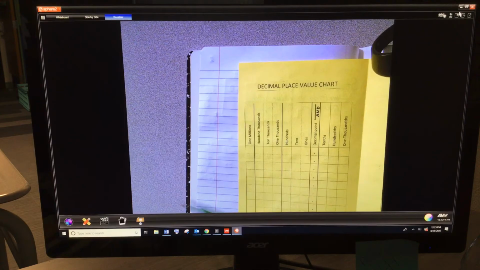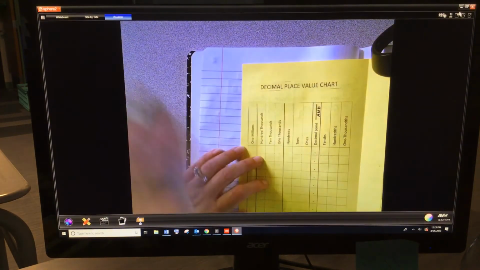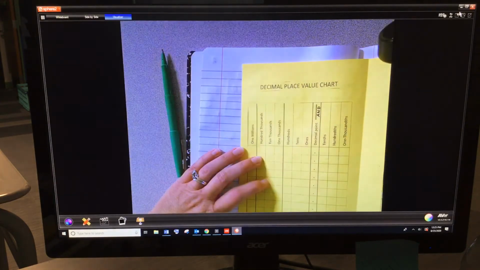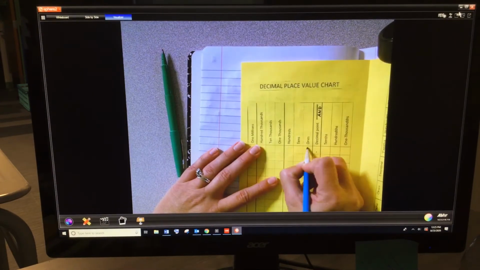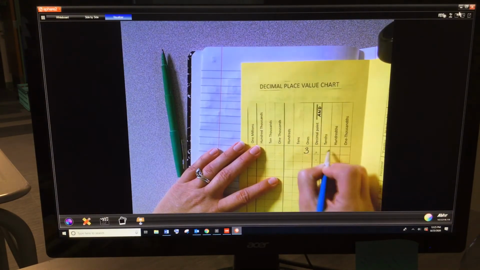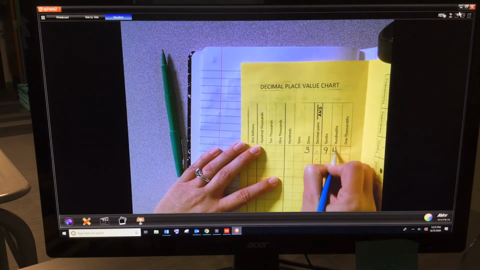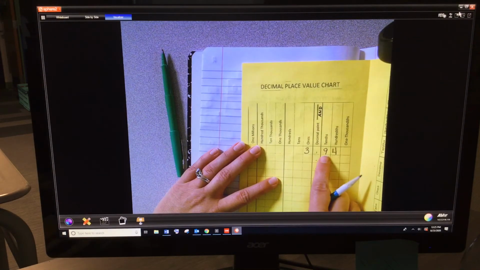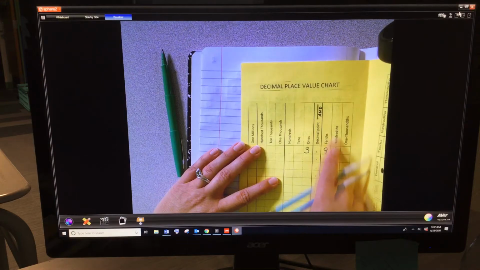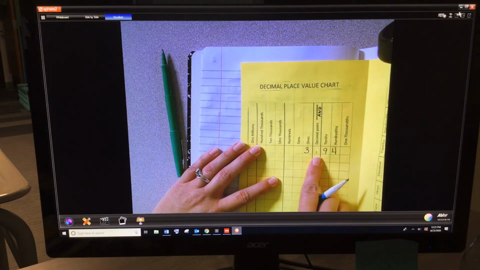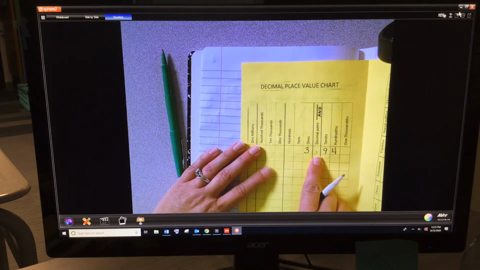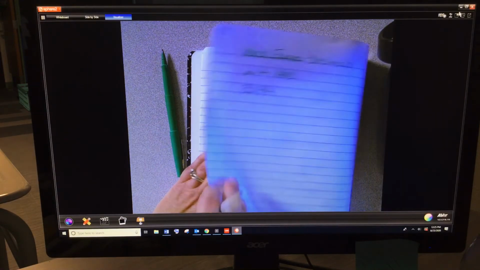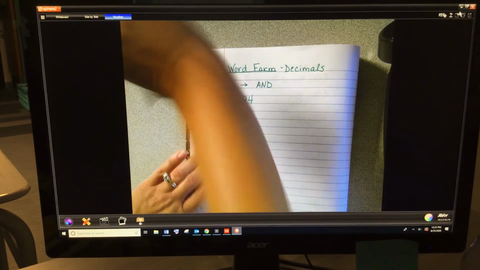All right, let's put 3 and 94 hundredths on our table. I was looking for a pencil, sorry. So we have 3.94. So 3 and 94 what? Hundredths. So this place value chart for decimals is going to be pretty handy. So let's go back to that page. Let's write it in words.